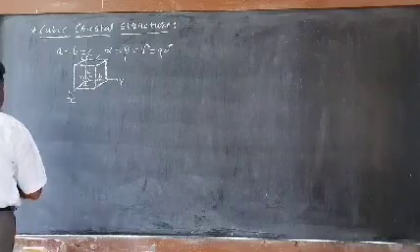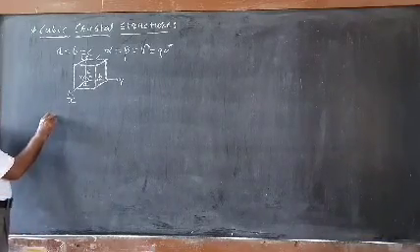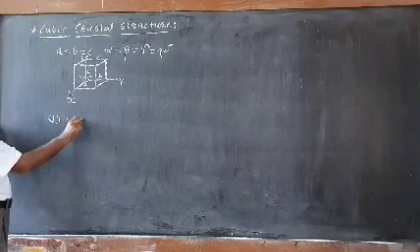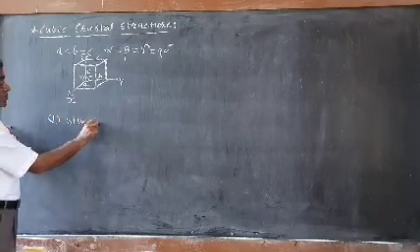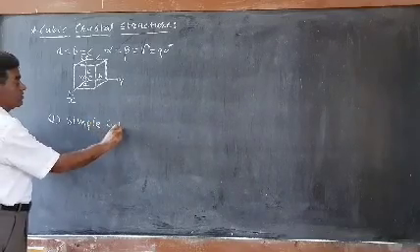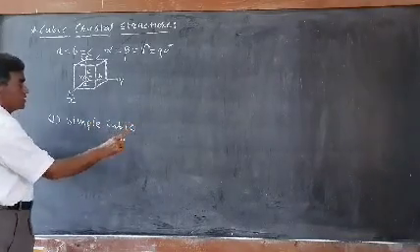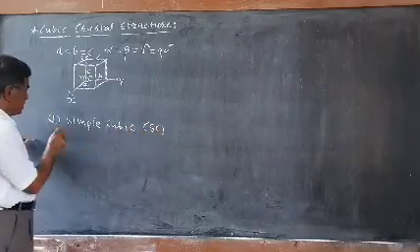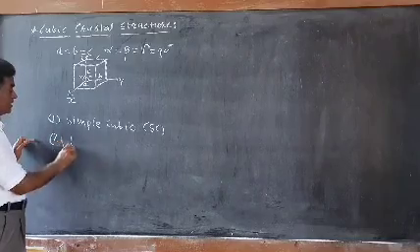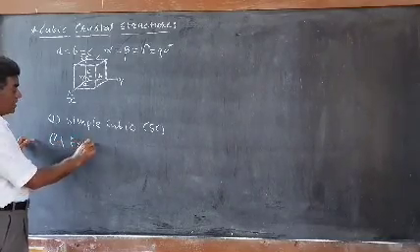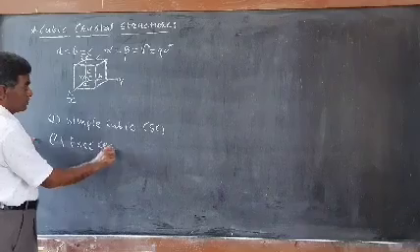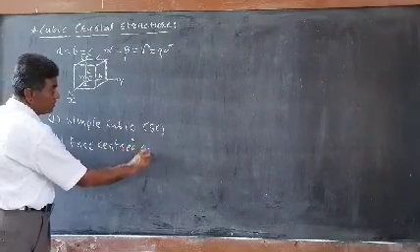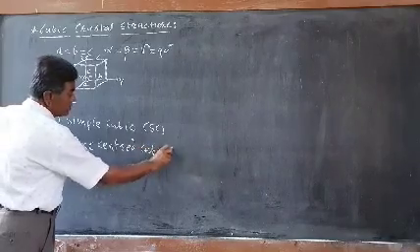The first one is the simple cubic crystal structure, that is SC. The second is the face-centered cubic crystal structure, that is FCC.